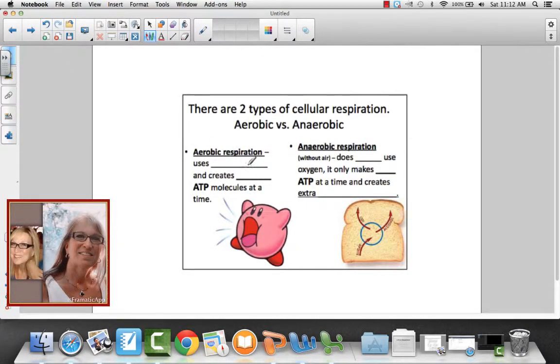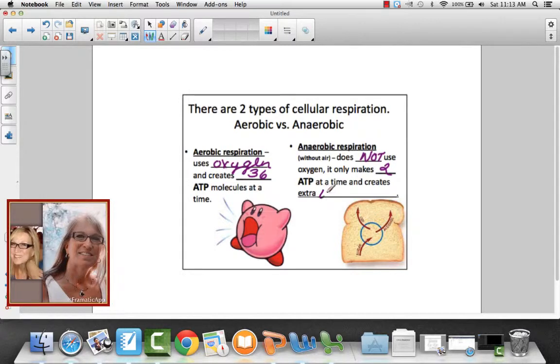In aerobic respiration, we use oxygen, as I said, and here's the kicker of this, and creates 36 ATP molecules at a time. That's a whole lot of energy. In anaerobic respiration, without air, it does not use oxygen, and it only makes 2 ATP at a time.